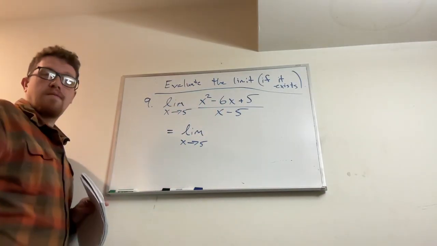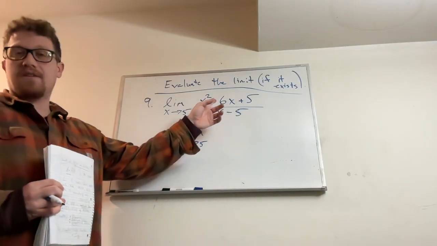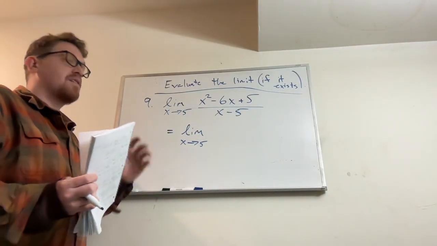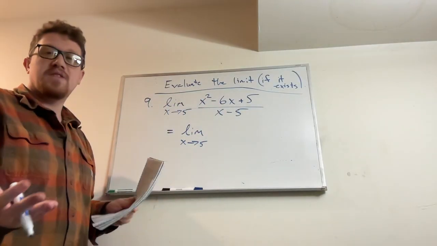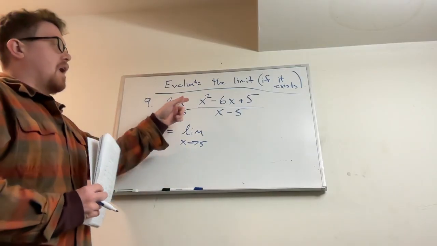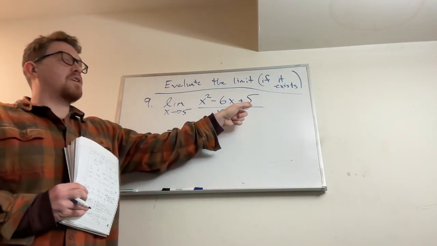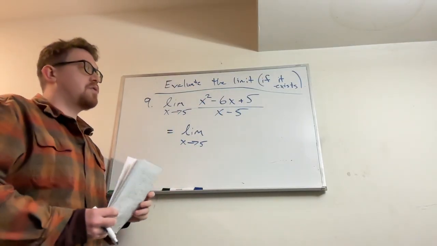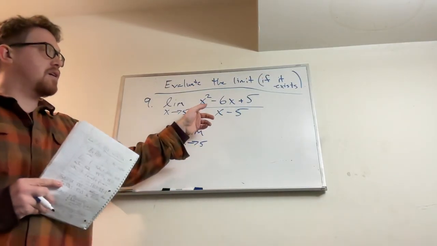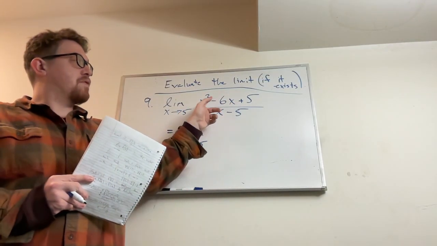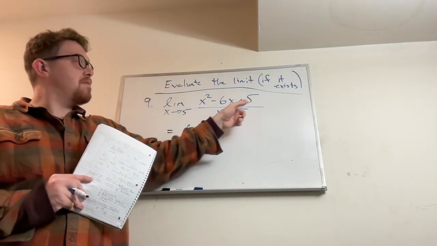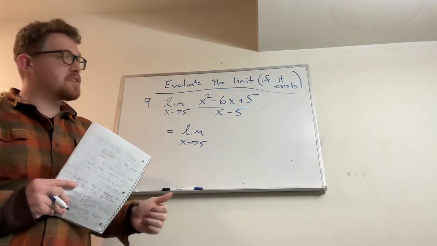And if you remember your factoring, if you ever learned it, maybe you didn't. Of course, if you didn't, then you can always ask me for help. But you're going to be looking at the coefficients, and you're going to use that information to try to determine the factors. So for here, we're basically looking for two numbers that multiply to equal 5 and that add up to equal negative 6.